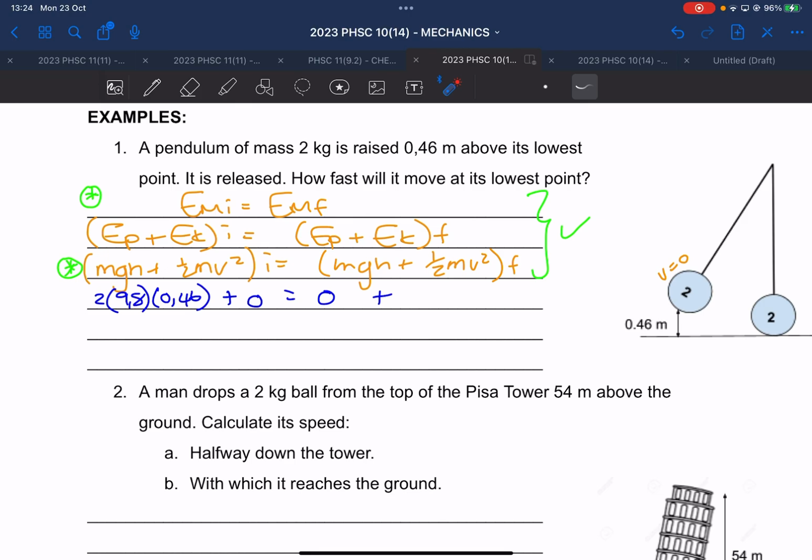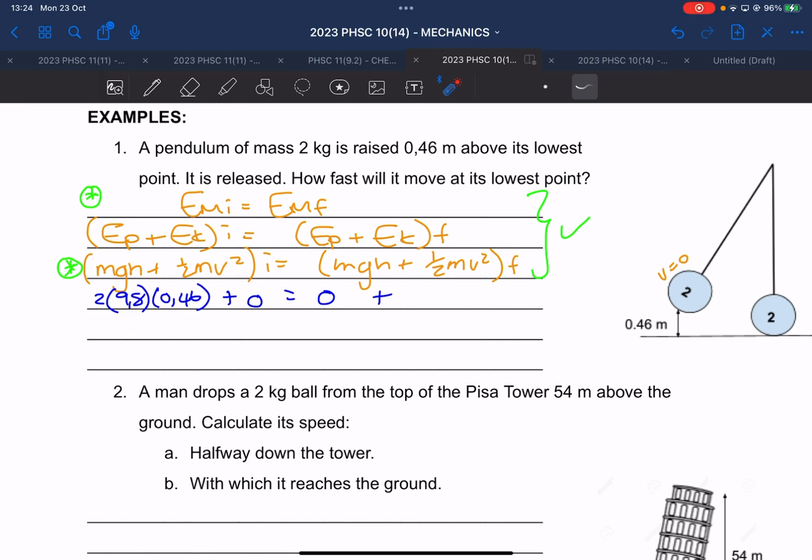No, we ask what is the velocity at the end. So what is 0 there? Why is the potential energy 0?